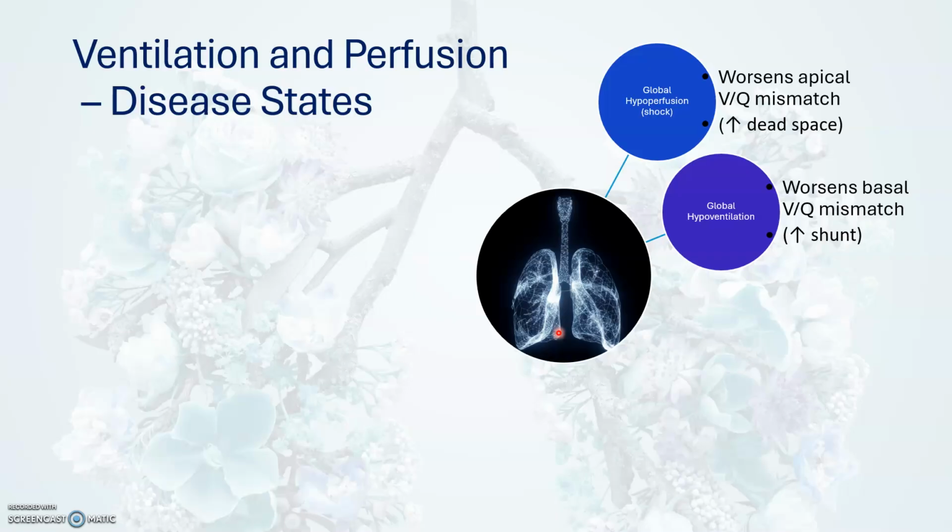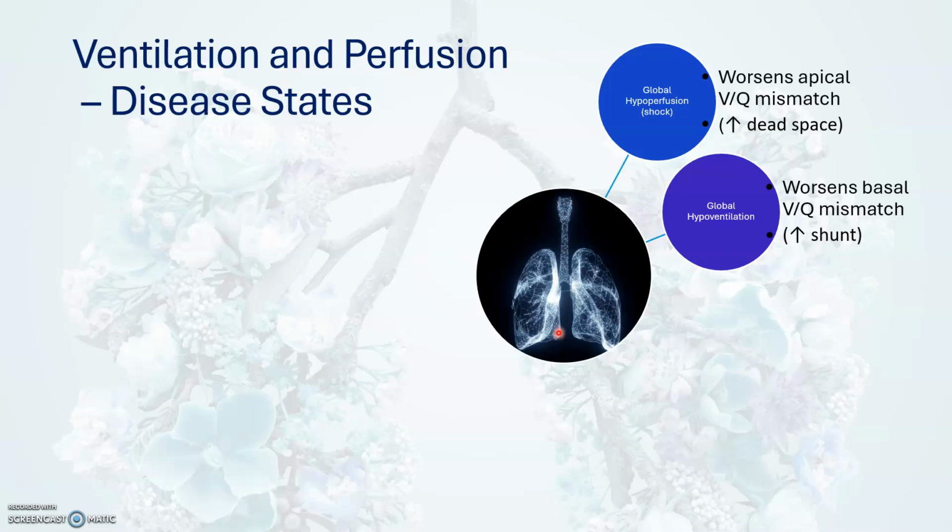On top of the poor ventilation, as we hypoventilate, there's an increased risk of atelectasis in the bases, which would further exacerbate this discrepancy between ventilation and perfusion, and therefore there's an increase in the amount of shunting at the bases of the lungs in the patient with global hypoventilation.